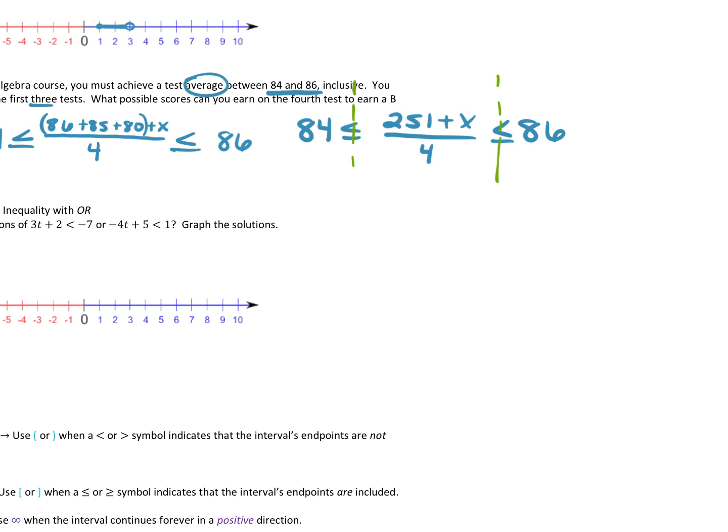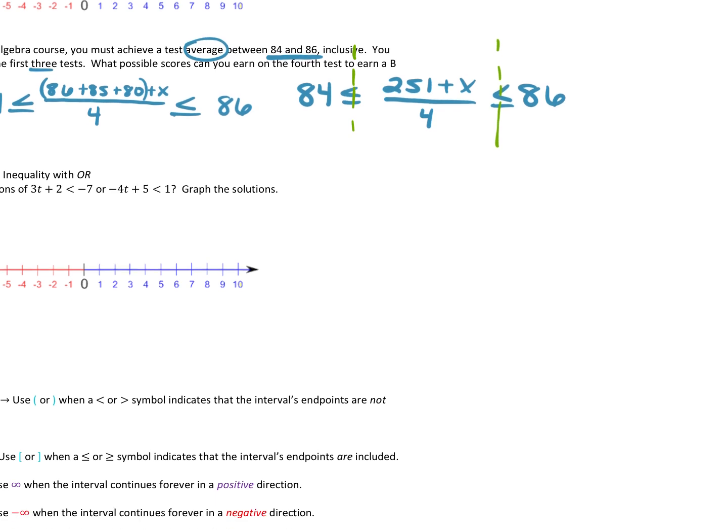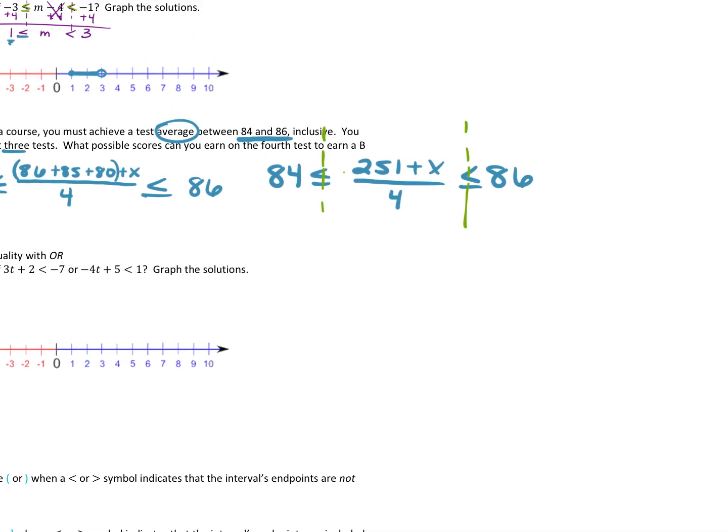We're dividing by 4. So to get that 4 out of there, you'd have to multiply by 4, right? That's going to get the 4 out of there. But the rule is, whatever you do to one side, you have to do to the other, and in this case, to both other sides, right? So if I multiplied by 4, then I need to multiply by 4 everywhere.